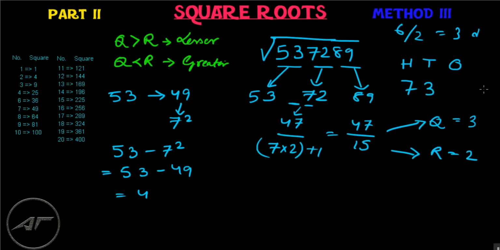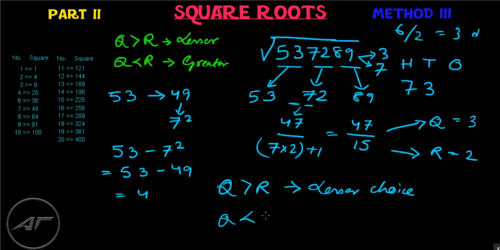In order to find the digit which will be at the ones place of the root, we will have to compare the quotient and the remainder. Now, as the last digit of the number whose square root we are finding is 9, the digit that the root ends with can have two possibilities. It can either be 3 or it can be 7. To choose 3 or 7, we compare the quotient and the remainder. If the quotient is greater than the remainder, we choose the lesser choice.